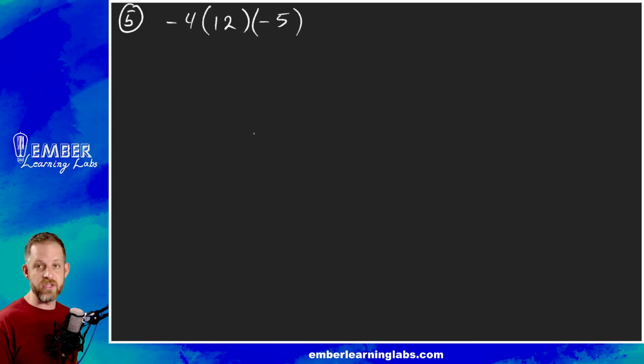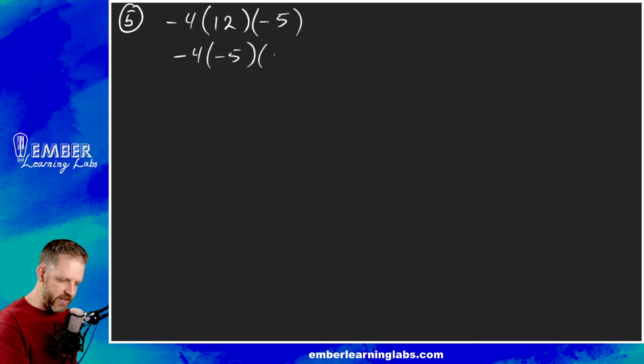Or we could use the commutative property and make our lives a little bit easier. And we could rearrange this. Let's do that. So let's rearrange these two things. So -4 times -5. That was pretty easy. And then let's do times 12. -4 times -5 is positive 20, right?